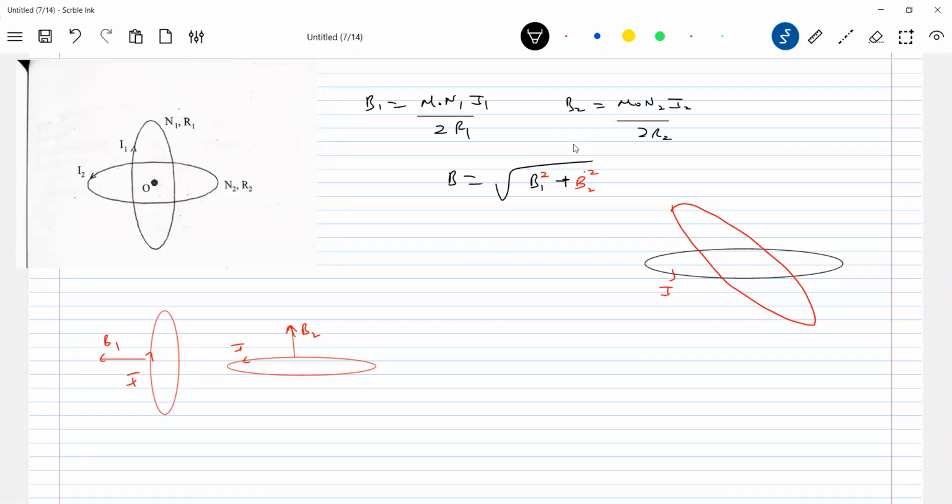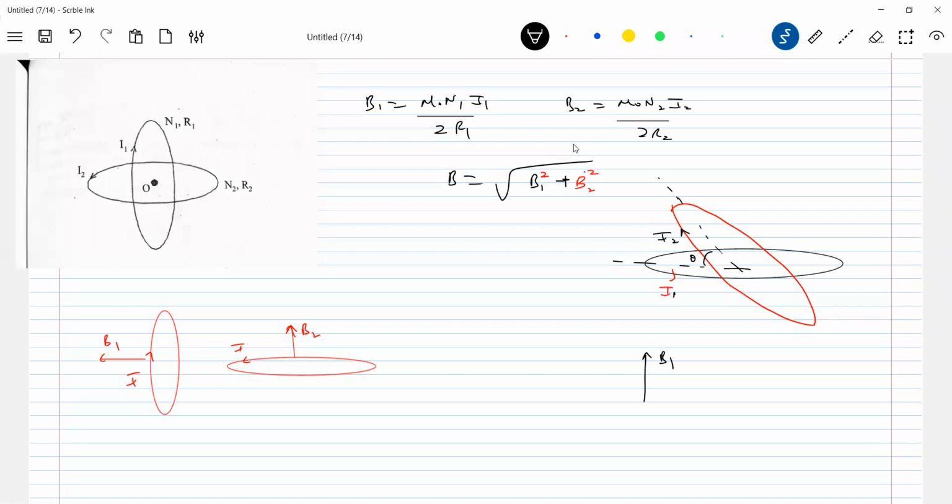The plane of the loops will make an angle theta. So this is the plane; the planes will make an angle theta. There are two loops, and you give the currents I1 and I2. Due to I1, B1 bar should be upward.